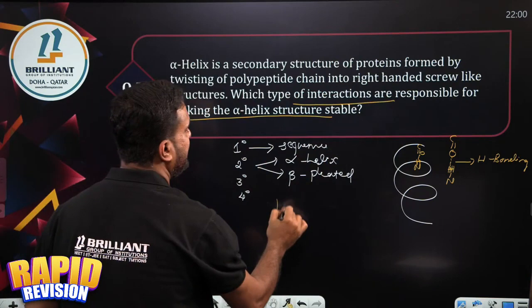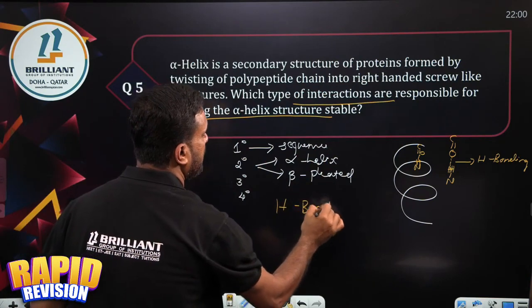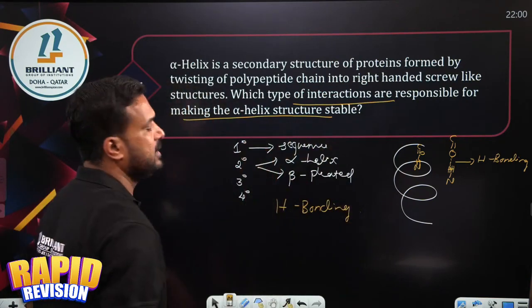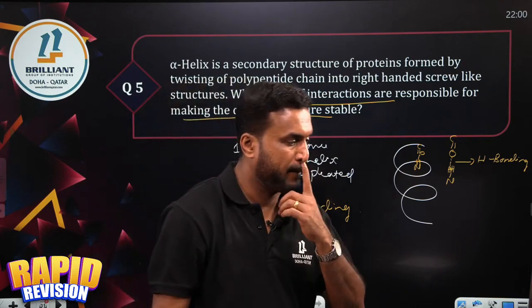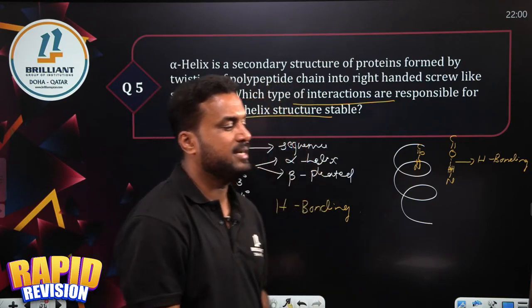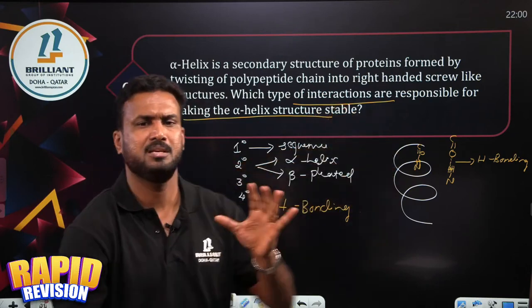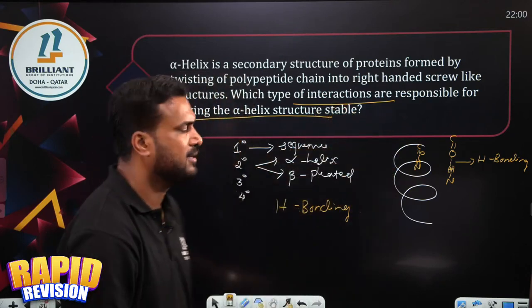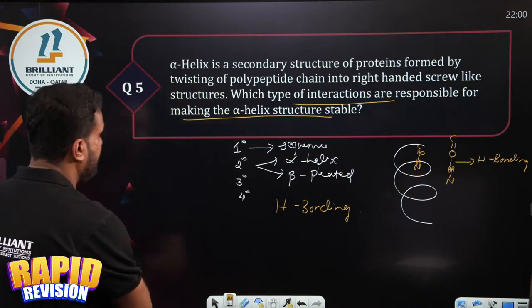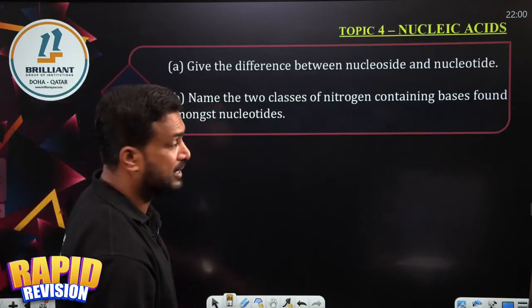You have to write hydrogen bonding. Okay, that is an important question. Electrostatic force, disulfide bonds are options, but for chemistry, if you write hydrogen bonding, you will get the mark. That is the only point they gave in the syllabus for chemistry.